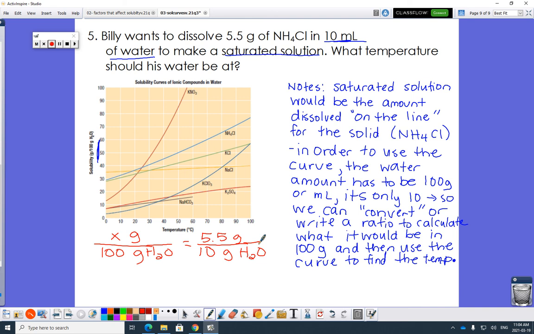Right now, when we do this math to convert it into out of 100, technically we don't even care that it's NH4Cl. The only time that we're going to care that it's NH4Cl is when we have to go figure out the temperature. Okay? So if you want to simplify your ratio and leave it out of here, you can. If you want to write it in here, you also can.